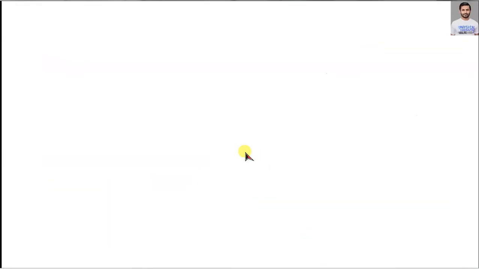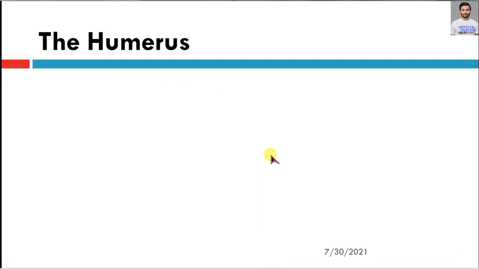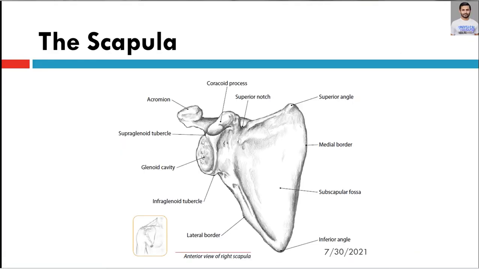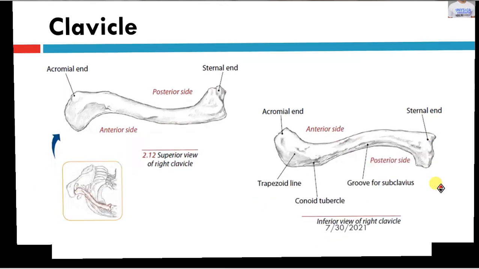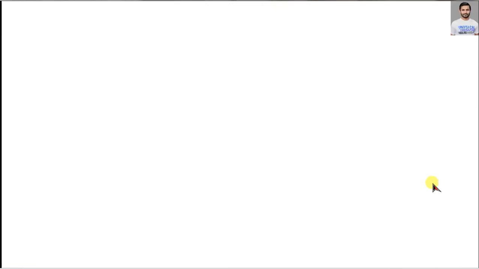If we go back to the other slides, we can find this is the subscapular fossa. So this is the side that is attached to the ribs.